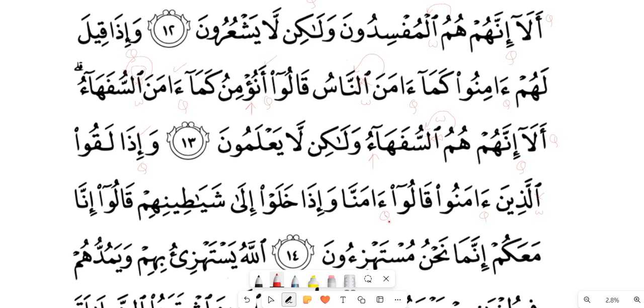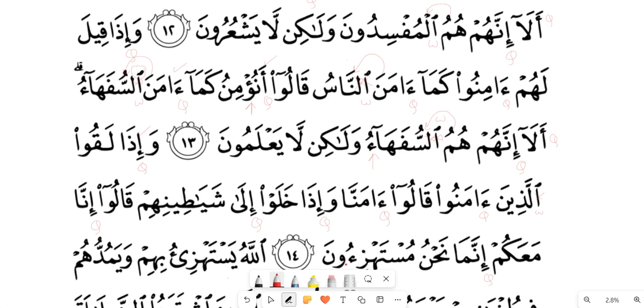wa idha qata khalaw ila, now this is qata, pronouncing. shayatinihim qalu inna, hamza qata, we are pronouncing here. ma'akum, qata. innama nahnu mustahzi'un, this is hamza coming here and you're in between.